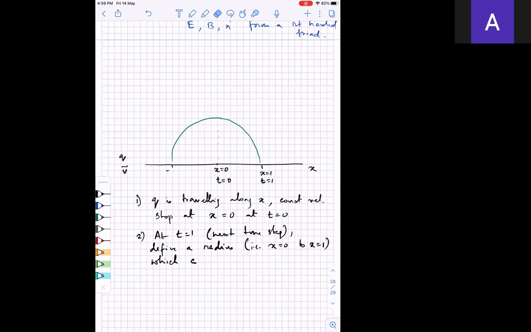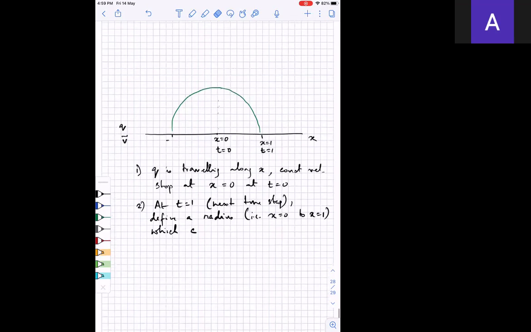Right. Now inside this radius, which is this green line that I drew, maybe I should have gone with the green dotted line, doesn't matter.